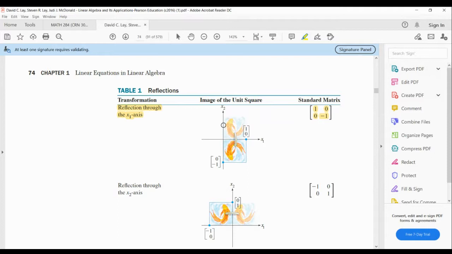But the vector 0, 1 would get mapped to the 0, -1 vector, because 0, 1 reflected about the x1 axis would be 0, -1. And so 1, 0 and 0, -1 form the columns of your standard matrix for this reflection through the x1 axis.